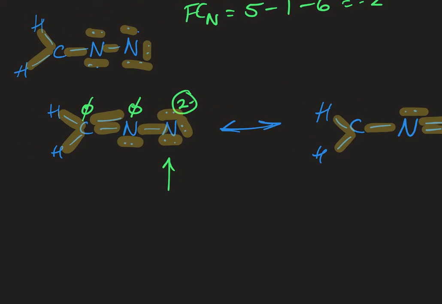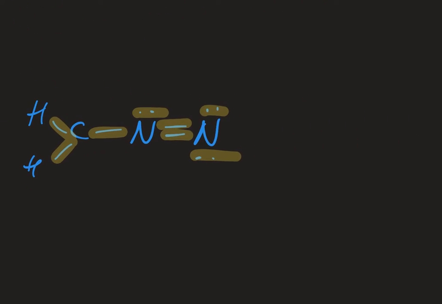What did I do wrong here? I didn't actually do anything wrong. I basically just took a lone pair and moved it over. This carbon there would have been positive. The nitrogen here would have been negative. So I didn't delete any electrons. I just moved them over. Whereas over here, this one does have the correct number of electrons shown because I have the double bond in a different position. That's how it works.